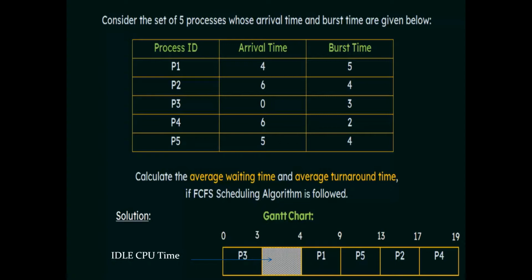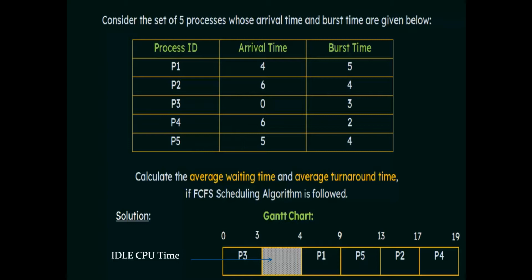Now as you can see here, the burst time of process P5 is 4 units of time. So the CPU is allocated to process P5 from the 9th unit of time to the 13th unit of time. After that, at the 6th unit of time, processes P2 and P4 arrive.